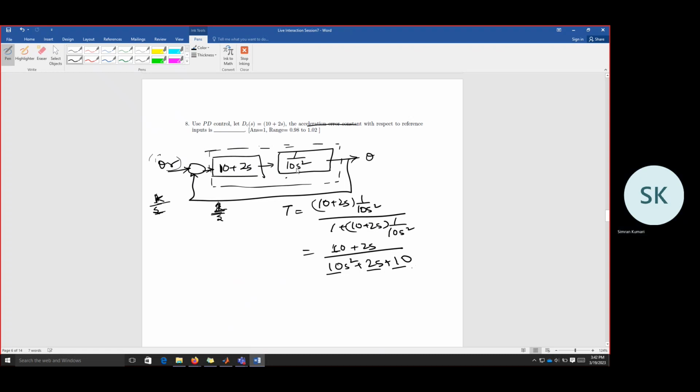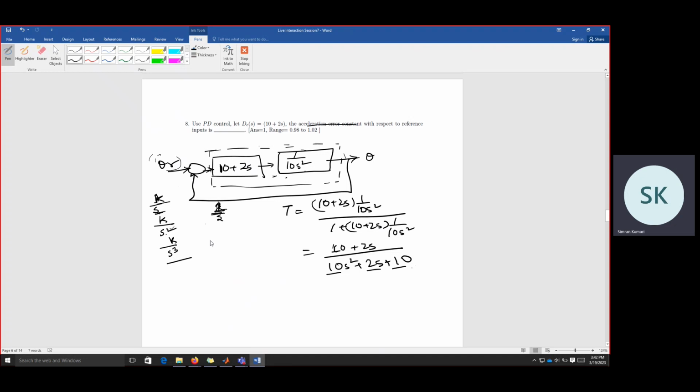Now up to what dynamics it can follow? If we have ramp as the input, then it can follow the ramp also. But if we have this k by s³, that is parabolic input, then this closed loop system will not be able to follow this one. So there will be some error.